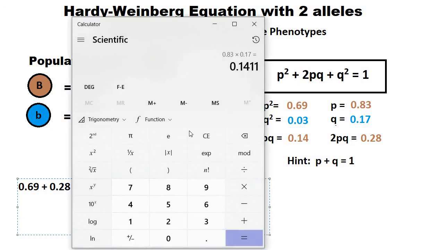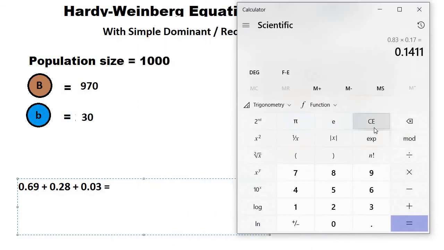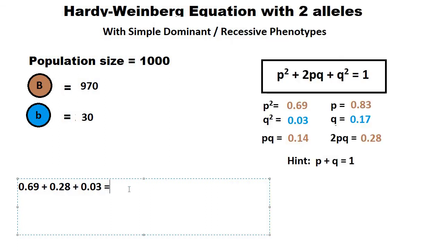Plug that into a calculator, and if we're right, that will equal 1. So let's see, 0.69 plus 0.28 plus 0.03 equals 1.